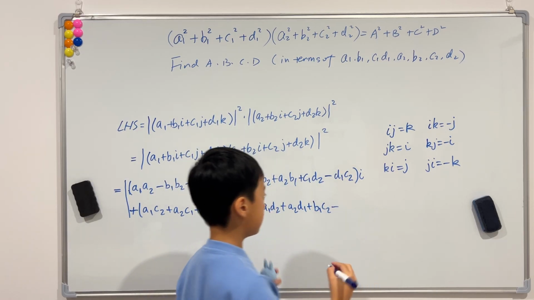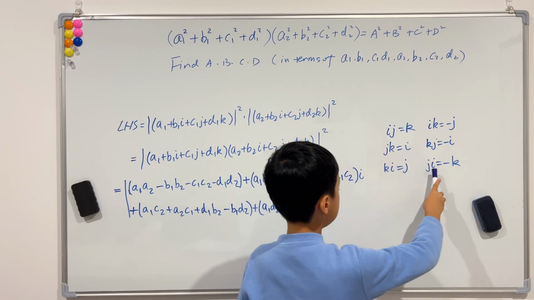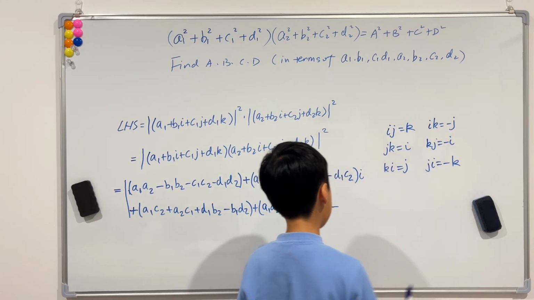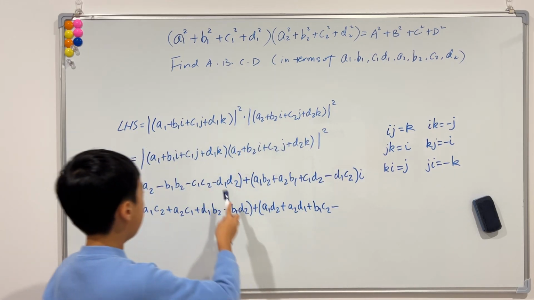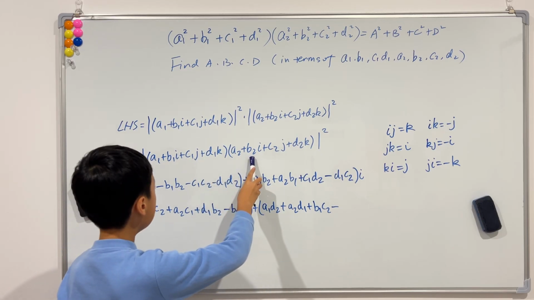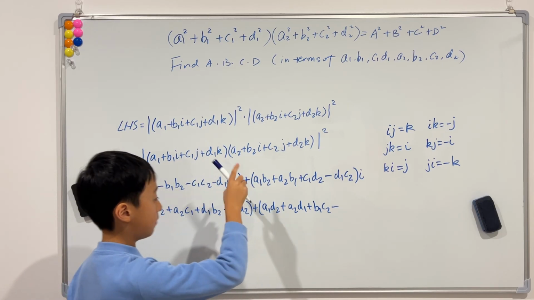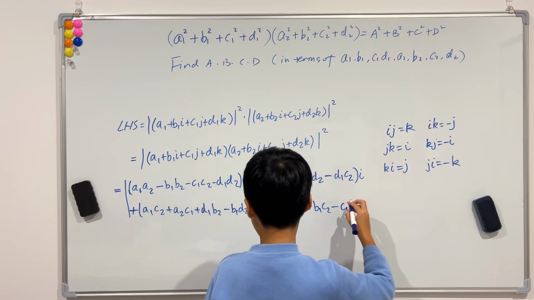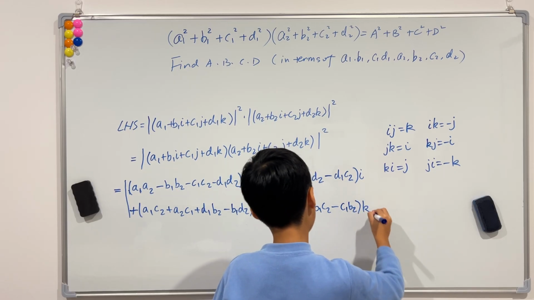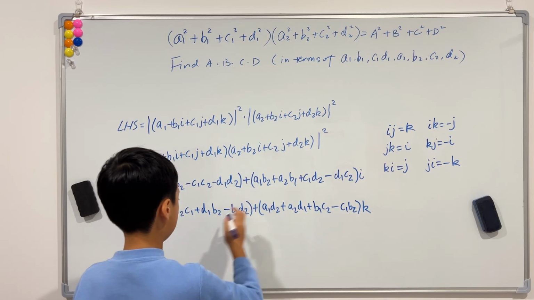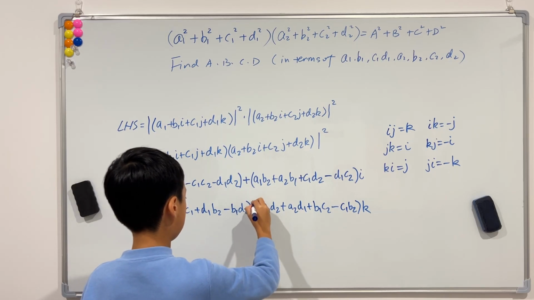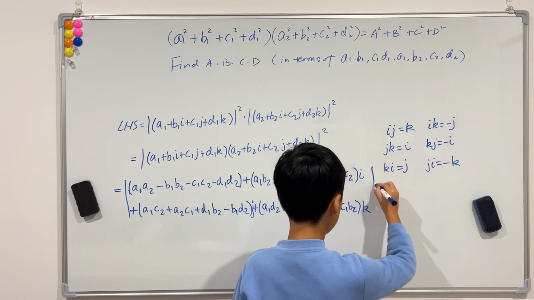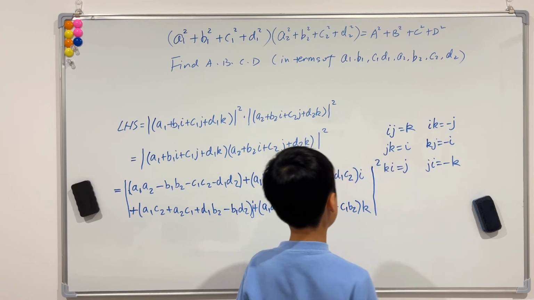And again, don't forget the negative term. J times I is equal to negative K. So you subtract, find the J, find the I. So subtract C1 times B2. And write the K. I forgot the J here. J. And then don't forget to take the modulus and square it.